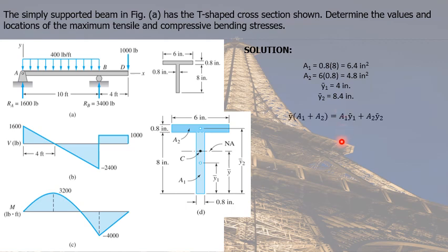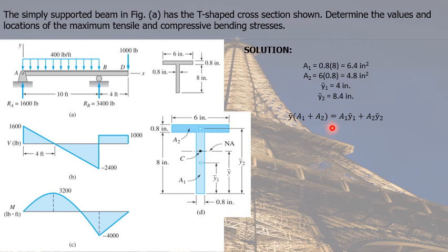After which we can have Varignon's Theorem, given by this formula: y bar times the quantity A1 plus A2, which is the total cross-sectional area, equals A1 y bar 1 plus A2 y bar 2. And this y bar now is the neutral axis of the whole cross-section measured from the bottom.